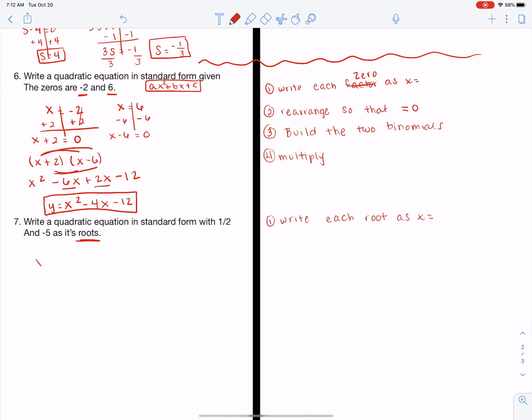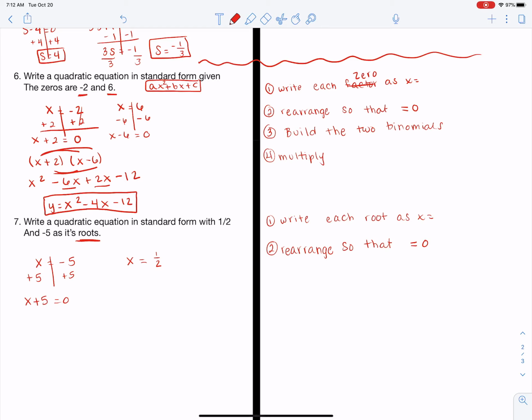So x equals negative 5, x equals 1/2. Step 2, rearrange so that the equation equals 0. So in order to get rid of minus 5, the opposite would be to add 5. So x plus 5 equals 0.